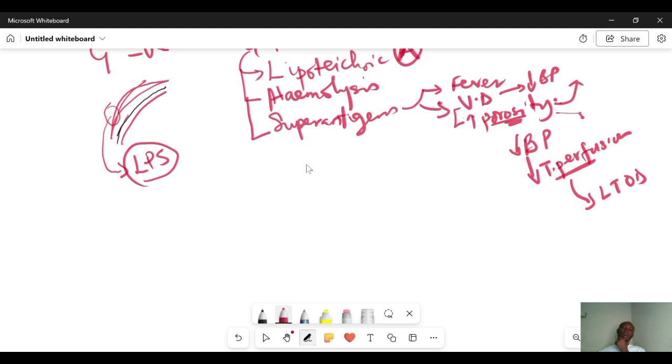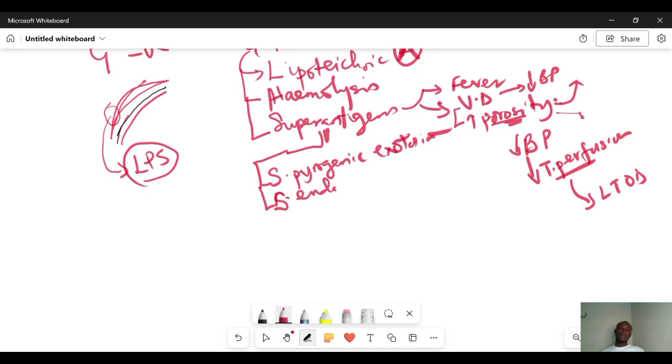And there are very common examples of these superantigens: the streptococcal pyrogenic exotoxin is one, and staphylococcal enterotoxin, and of course, toxic shock syndrome toxin. All of these are common examples of superantigens, and this is how they complicate sepsis.